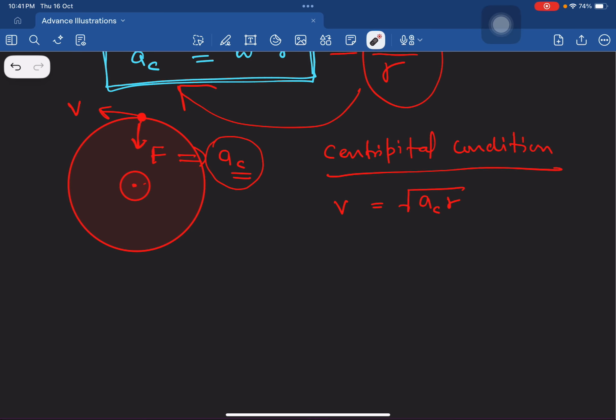Because the force acting on this particle towards the center of the earth, let's say this is the center, is more compared to the velocity which is needed, and that velocity is not available. The velocity needed to maintain the centripetal condition is not available, and that's why our body follows the projectile motion, the parabolic path, and falls down to the ground.